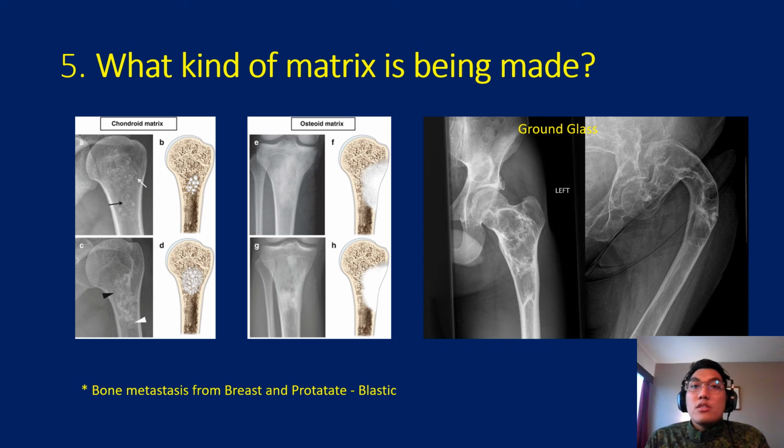Fibrous dysplasia produces matrix through small trabeculae of woven bone scattered through the fibrous stroma. In addition to the matrix formation observed in the chondroid and bone-forming primary tumors, it should be remembered that metastatic disease, including breast and prostate, can induce a marked sclerotic response in bone.